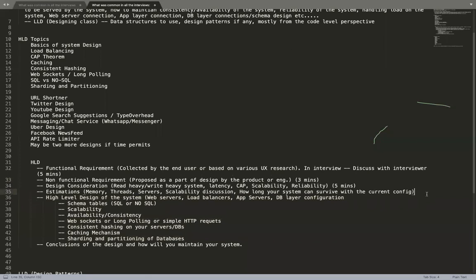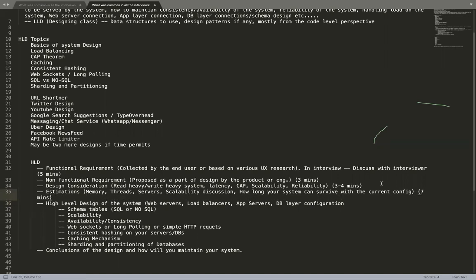And then the discussion will take around 3 to 4 minutes. Then we'll have estimations for around 7 minutes. So by now you would have considered 5 plus 3, 8 plus 3, 11 plus 7, so around 20 minutes are gone.